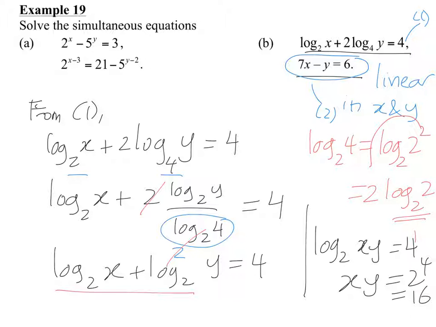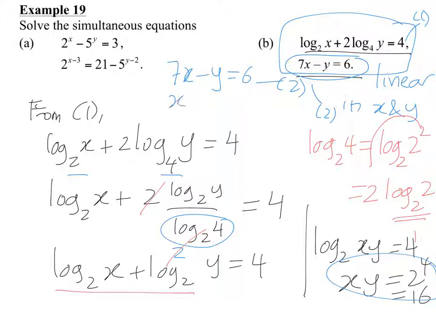So you notice that solving system B is the same as solving, let me write in the middle, 7x minus y equals 6. This will be the second equation. And the first equation is now transformed into xy equals 16, which is something you have learned before in Sec 2 as well.